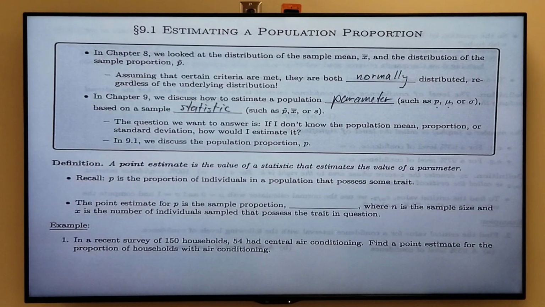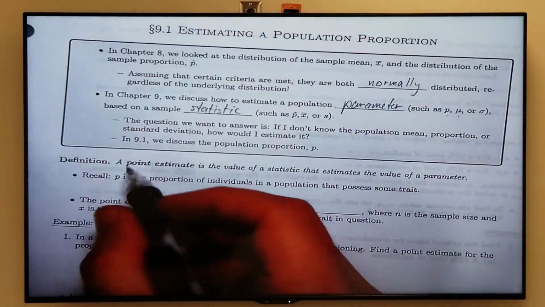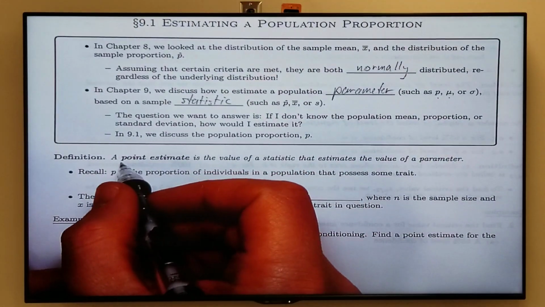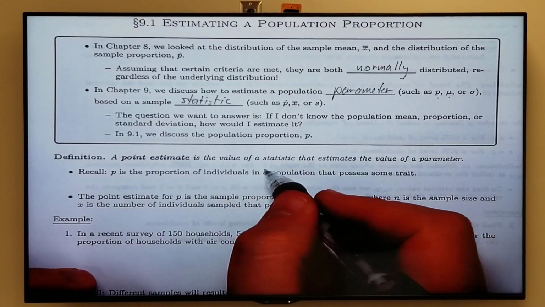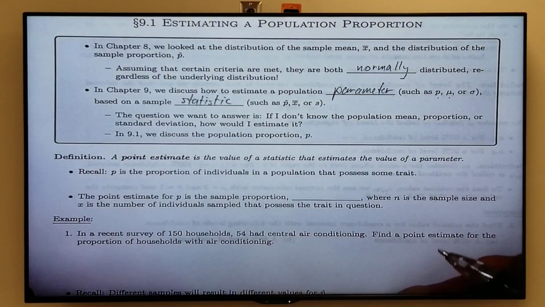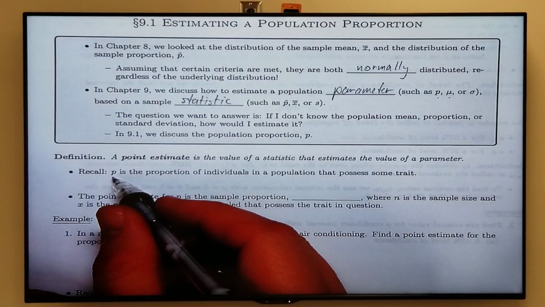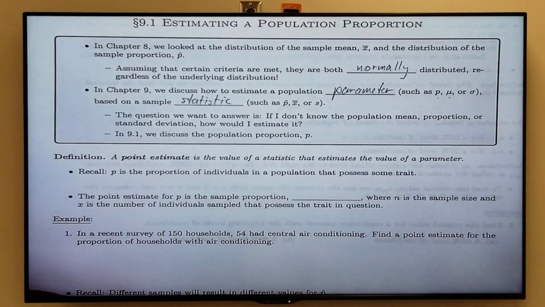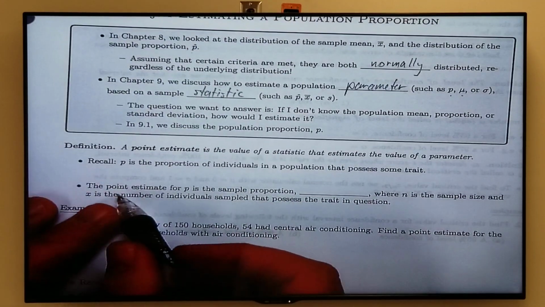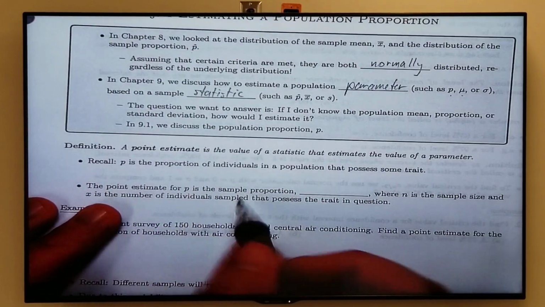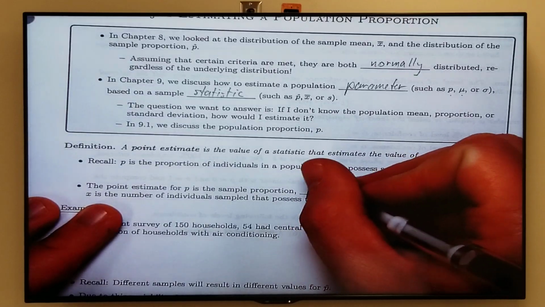Just by way of reminder, a point estimate is the value of a statistic that estimates the value of a parameter. P is the proportion of individuals in a population that possess some trait. The point estimate for P is the sample proportion P hat.